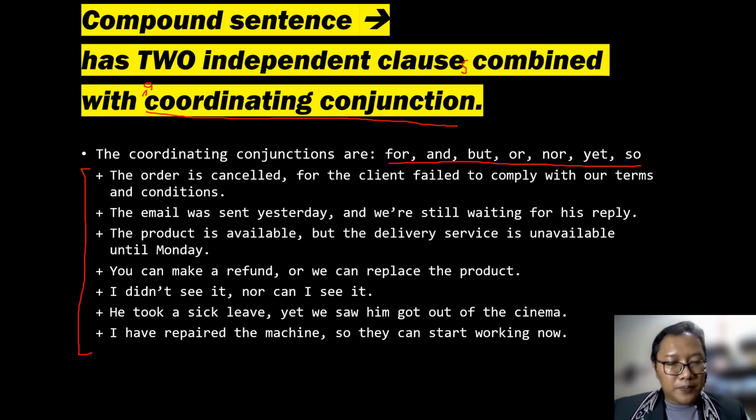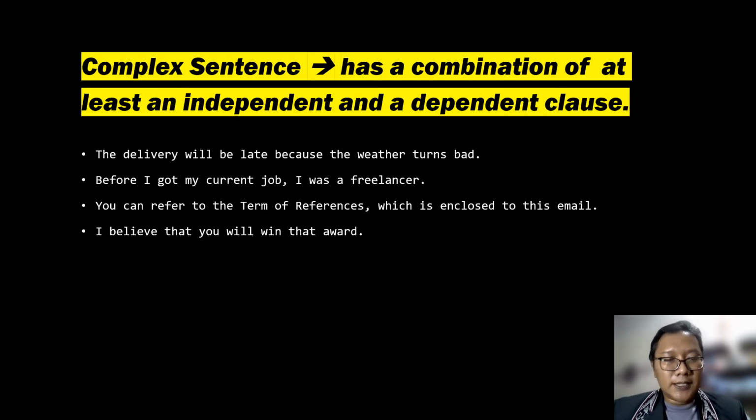And the third type of sentence is the complex sentence. If a compound sentence has two independent clauses, a complex sentence has a combination of an independent clause and a dependent clause. Okay, the delivery will be late.